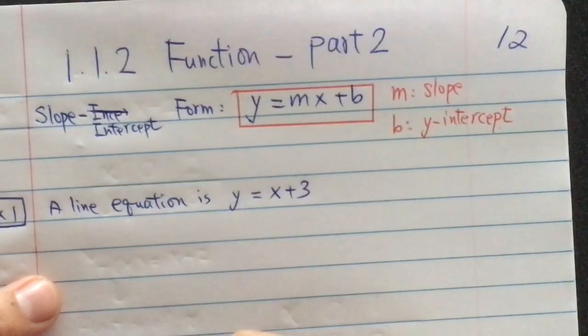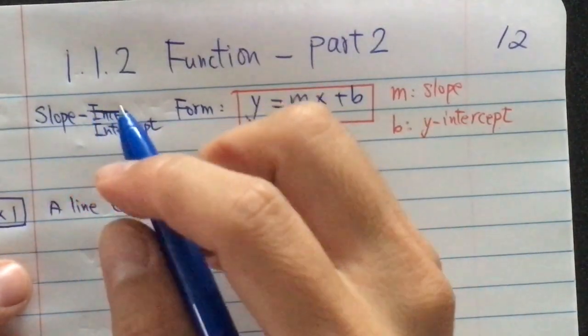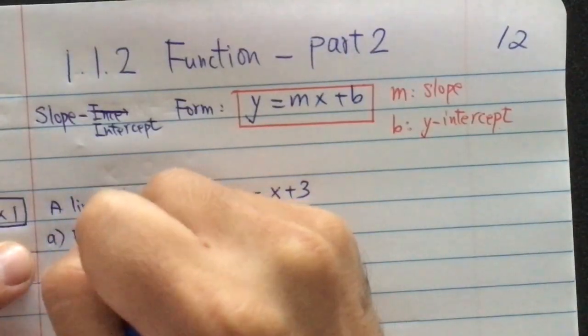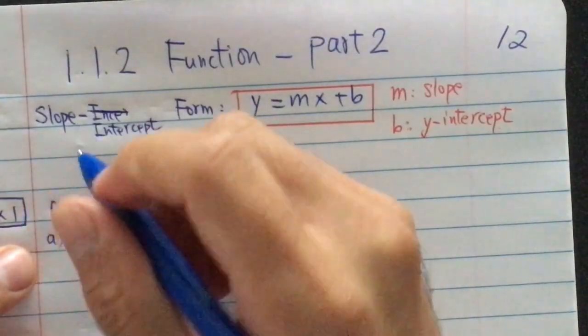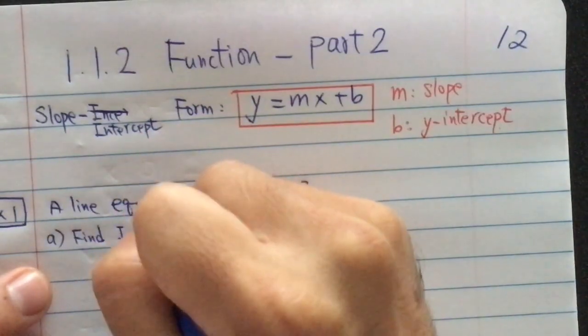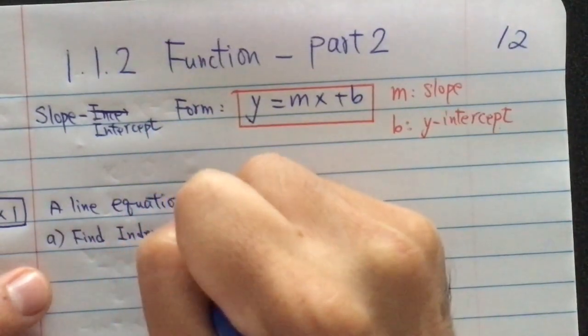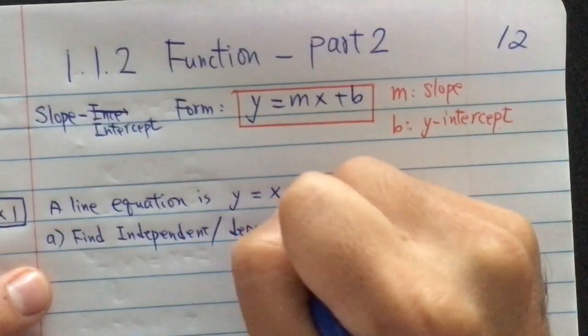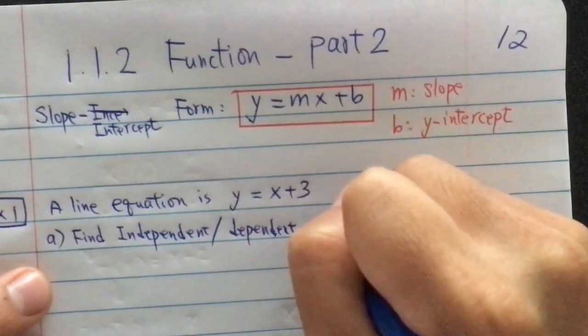What should we do today? First, I want you to find the independent and dependent variable.